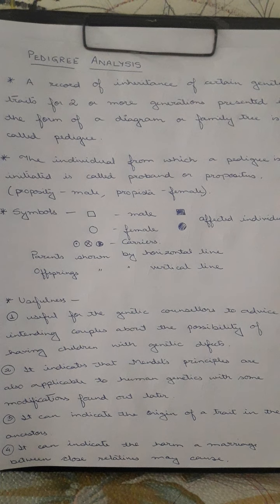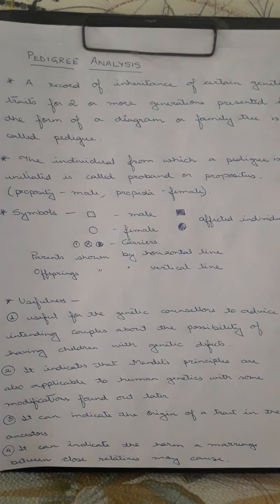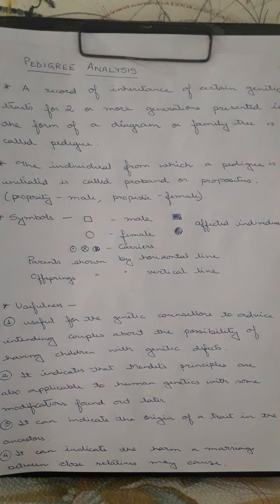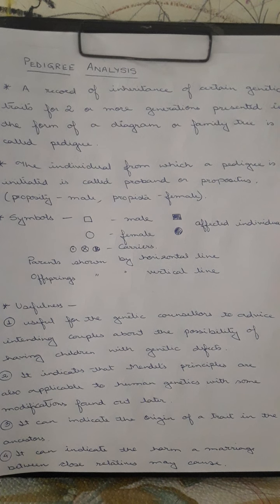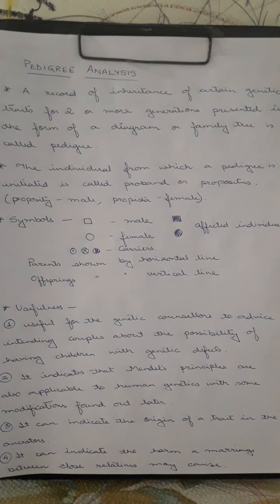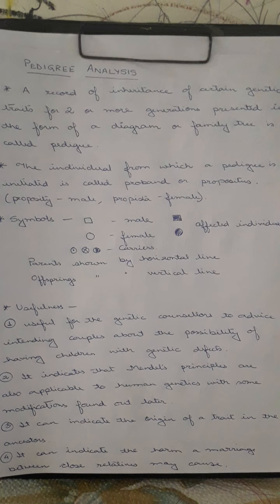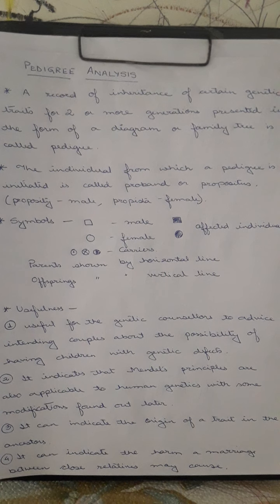While representing parents, a male and a female, when a cross is taking place, we indicate it with horizontal lines, and when we are representing the offspring, it is shown with vertical lines. So these are the main things to be remembered during the study of pedigree analysis.